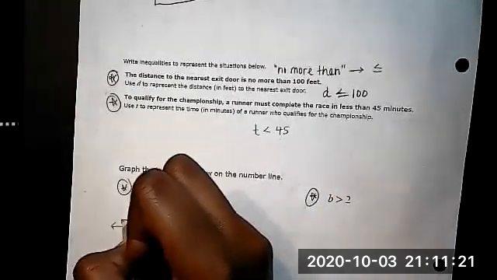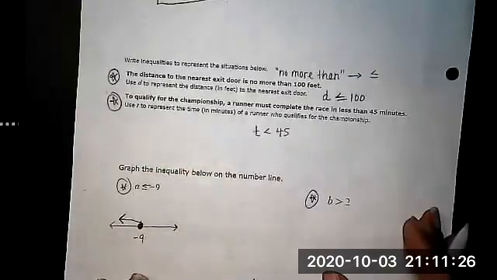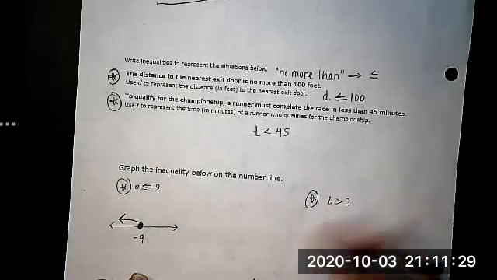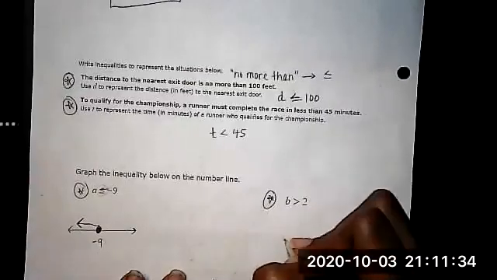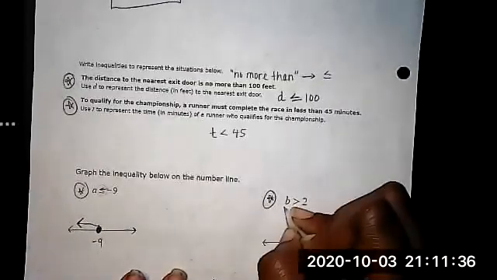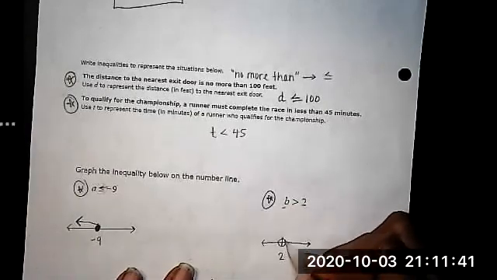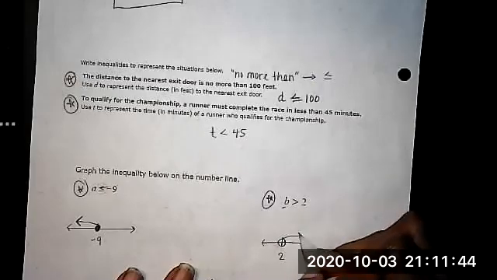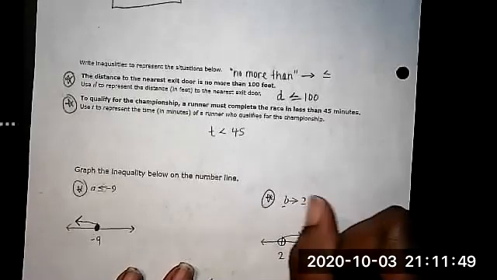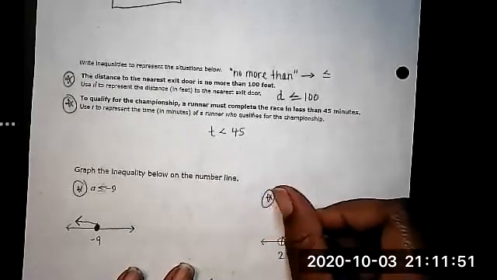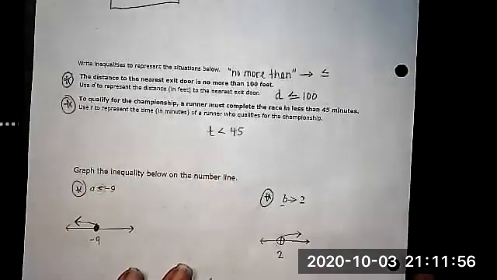It's going to look like an arrow going that way. And the reason why it has a line under it, that's how it's closed. In this case, again, at 2, you see the B is on the left-hand side, that means it's correct, then it's going to be open, no line under, and it's going to look like an arrow going that way. All right, that's what makes it easy for me to see. If it's that way, it looks like an arrow. If it's this way, it looks like an arrow going that way.